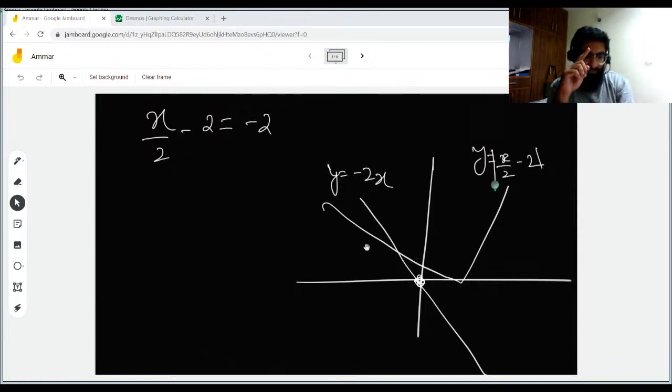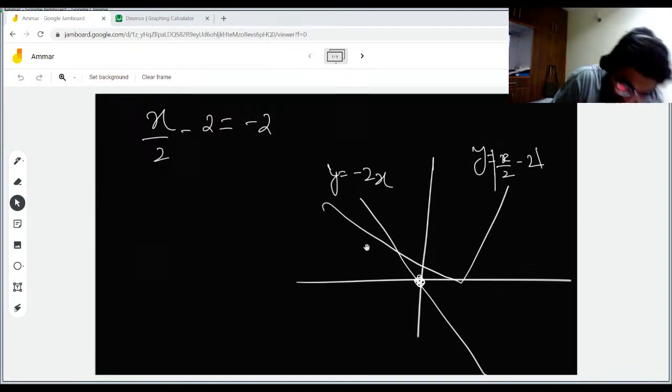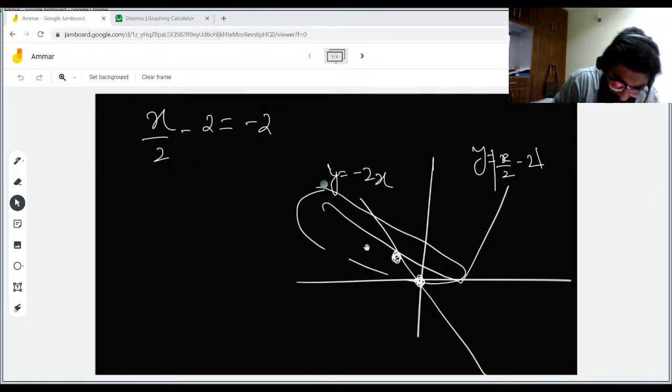In my first attempt I solved it with positive x by 2 minus 2, and then I said no, it can't be, because it's happening in this negative portion. So this particular portion of the graph is the negative of the mod, the reflection.